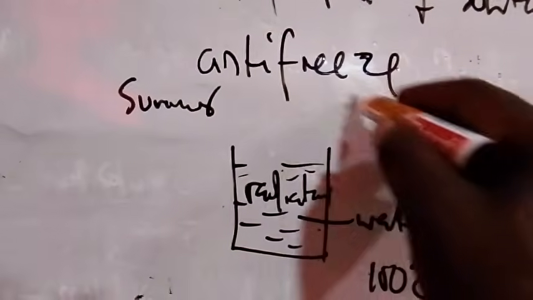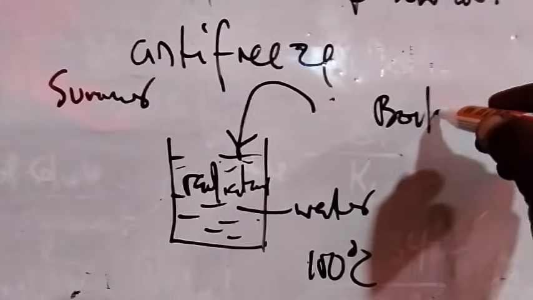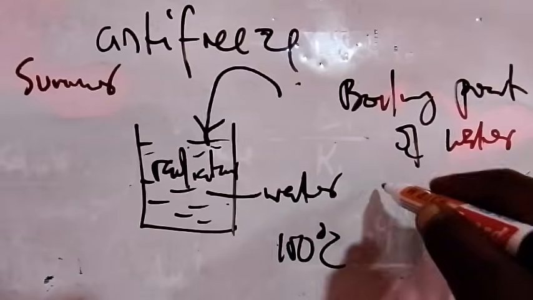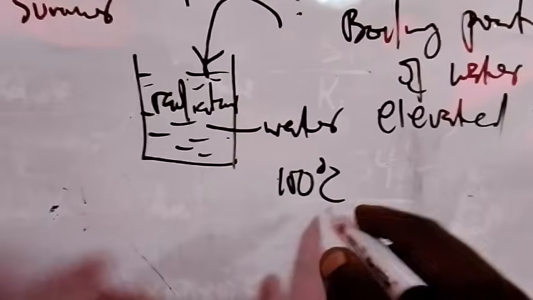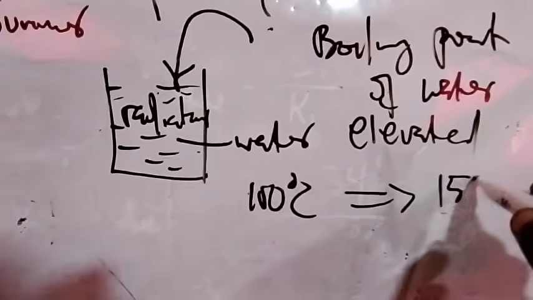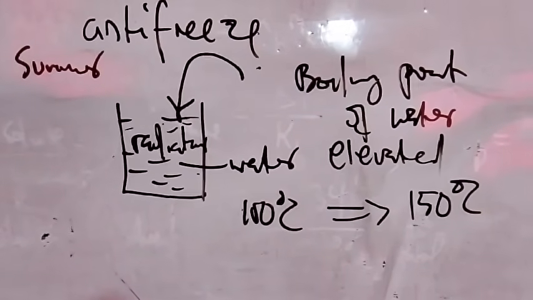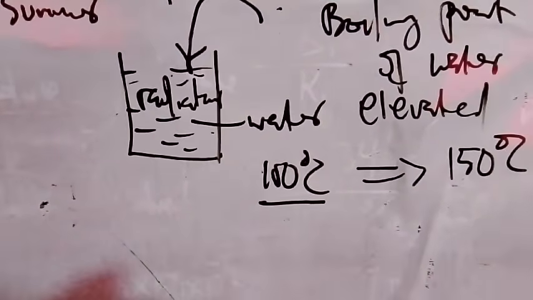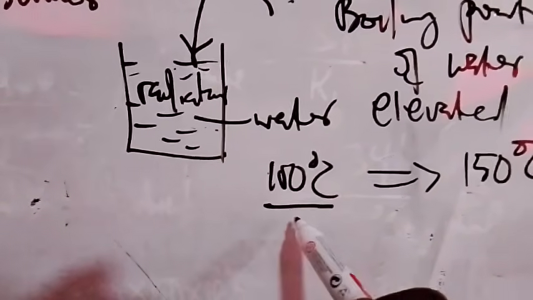So to prevent that, when you add the antifreeze, the coolant, it means now the boiling point of water will be elevated. For example, if the boiling point of water has been elevated up to 150 degrees Celsius, it means when the temperature reaches 100 degrees, the solution in the radiator will not boil.